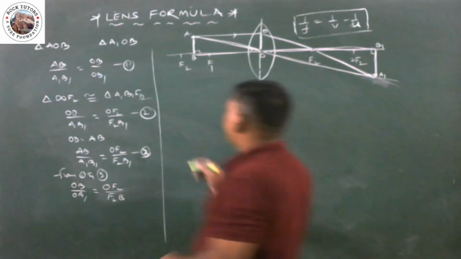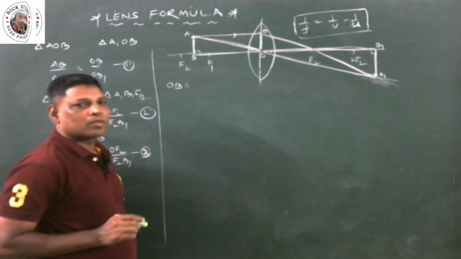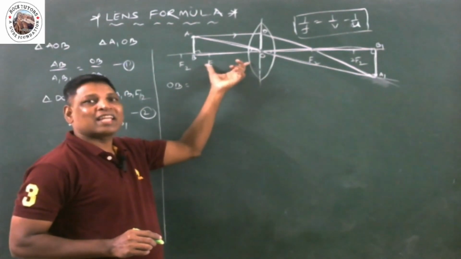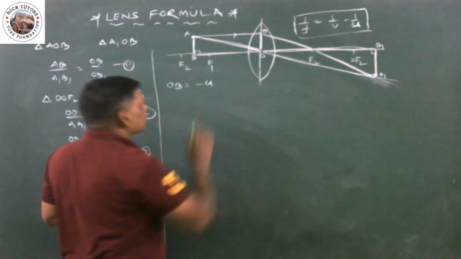Here OB is the object distance. If we apply the sign convention, it will become minus u.